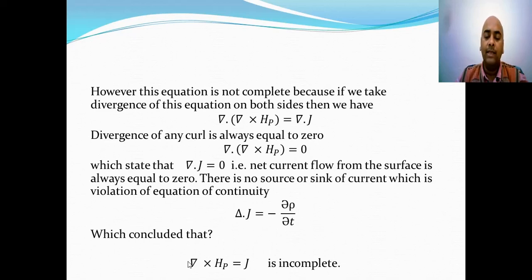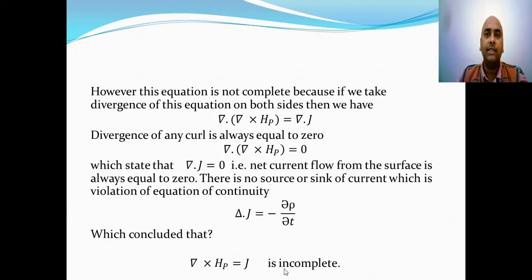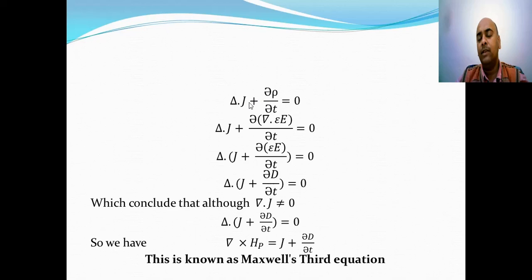So we can say that the equation, curl of H is equal to J, is incomplete. So in order to complete this equation, we need to take help of the continuity equation, which is del dot J is equal to minus ∂ρ/∂t. So this equation of continuity can be rewritten as del dot J plus ∂ρ/∂t is equal to 0.